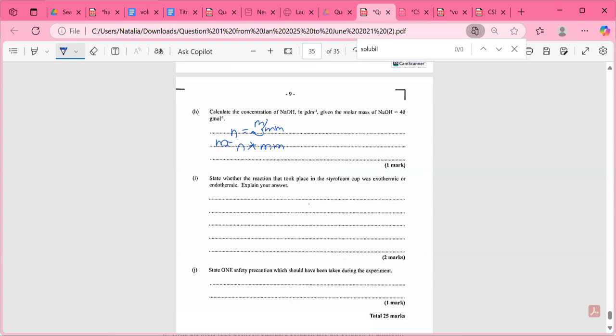That is 0.1312 multiplied by 40, which is 5.248 grams.